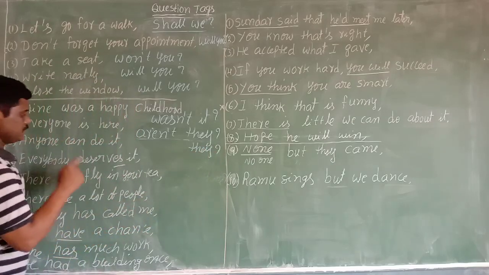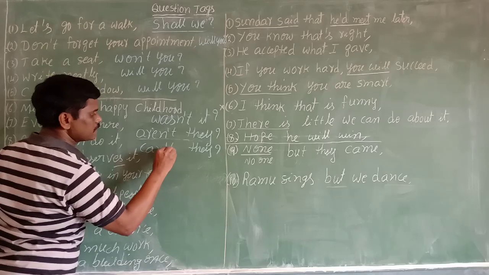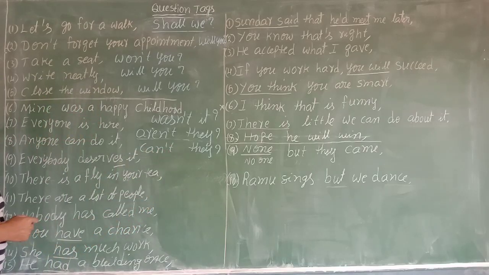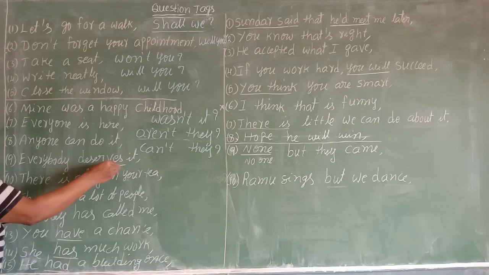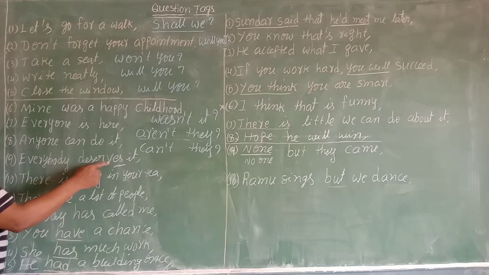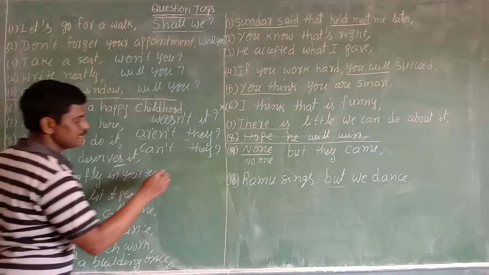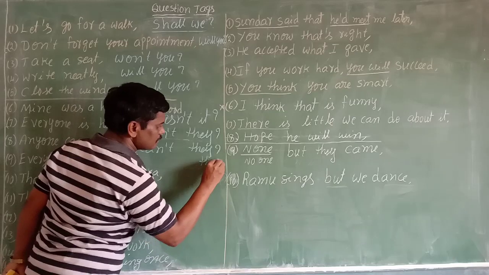Here no problem. Can, negative, that is can't, because here there is no negative word. Everybody deserves. Verb 1 with s, yes, but here it is everybody. In the statement okay, but in the question tag we use they.